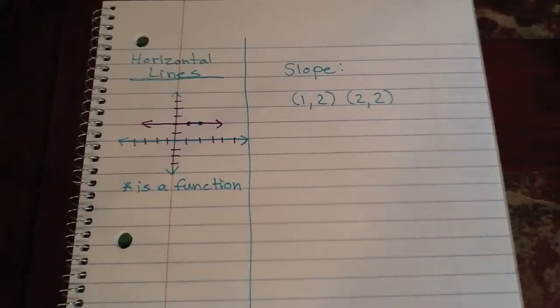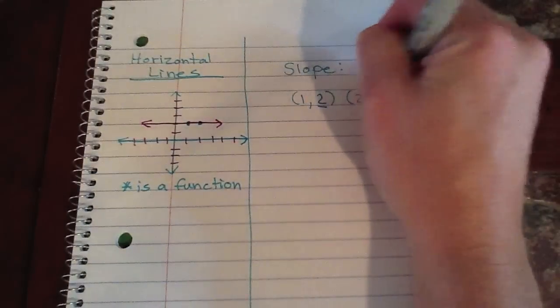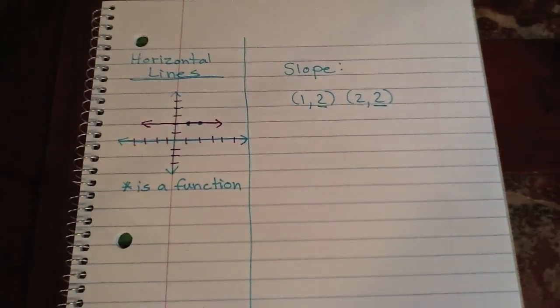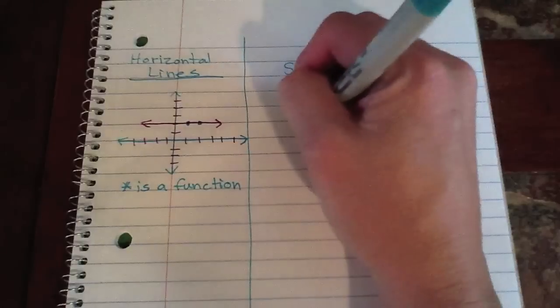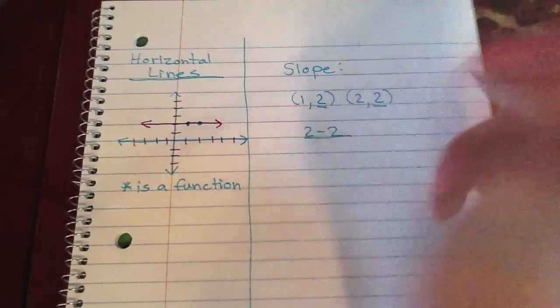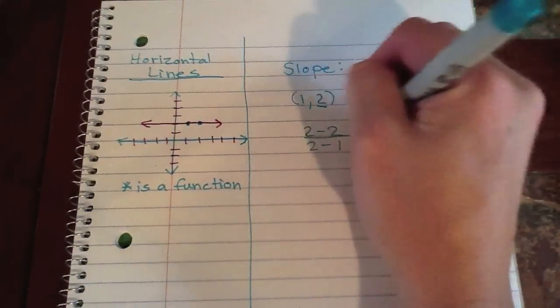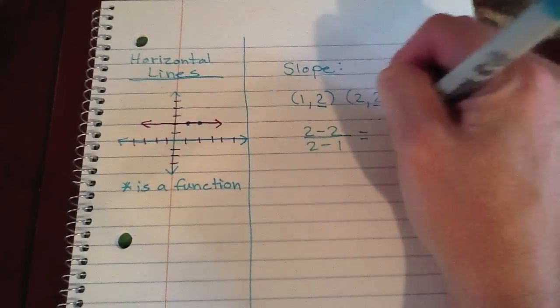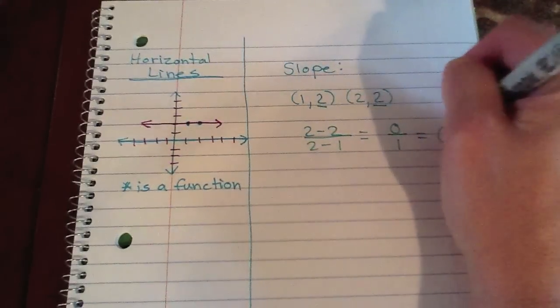And then I'm going to use my formula. And my formula is 2 minus 2 over, doesn't matter because I picked one of those, 2 minus 1, which ends up being 0 over 1, which equals 0.